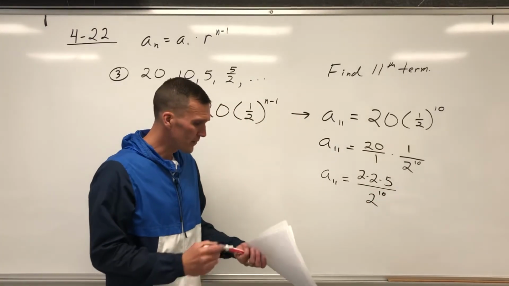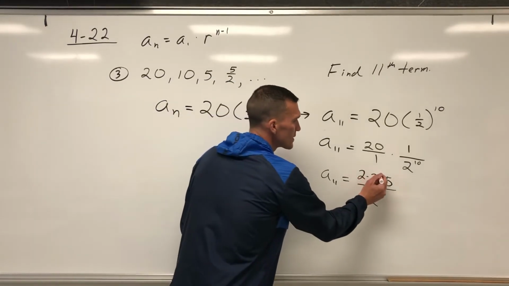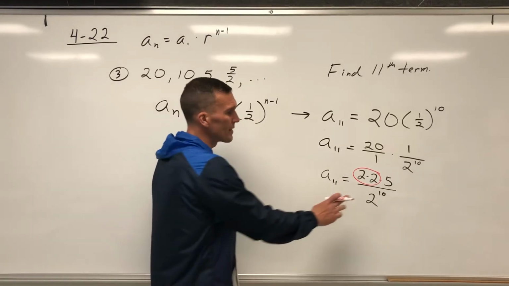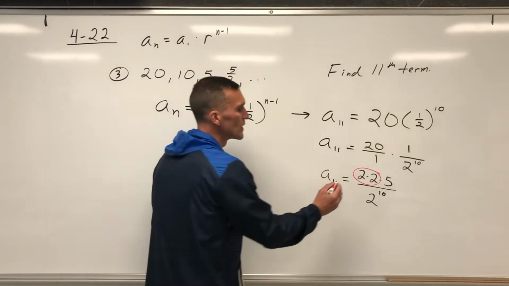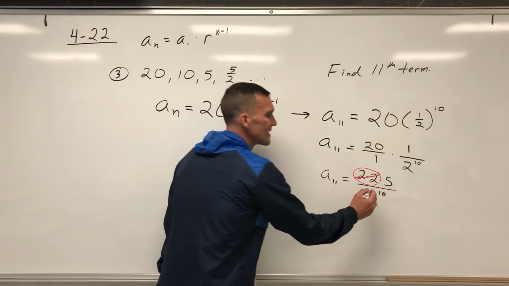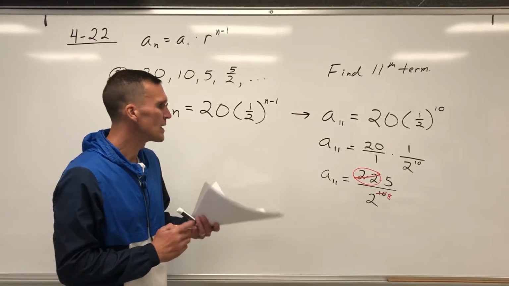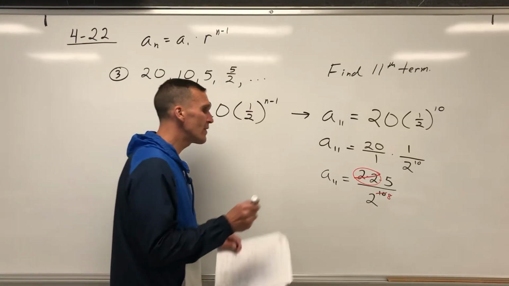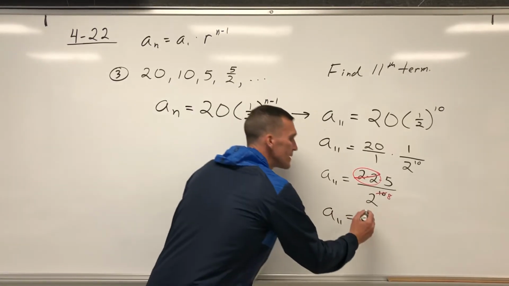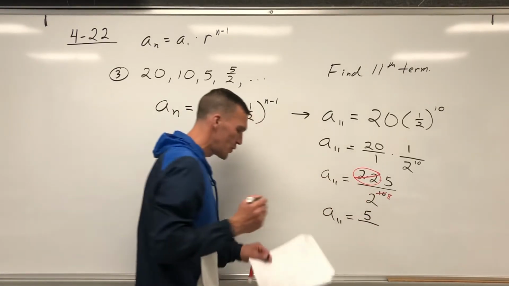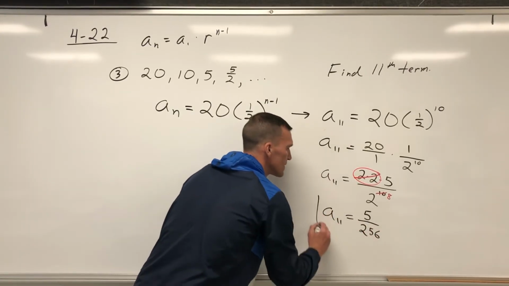There are 2 2's on top, and 10 2's on bottom. Well, 2 of them are going to cancel. So you can reduce that, and there's only 8 of them now, and your 11th term in fraction format is 5 over 2 to the 8th power, which is 256.